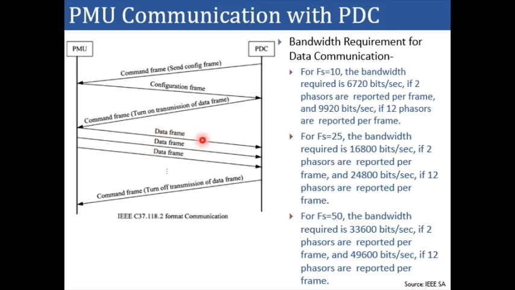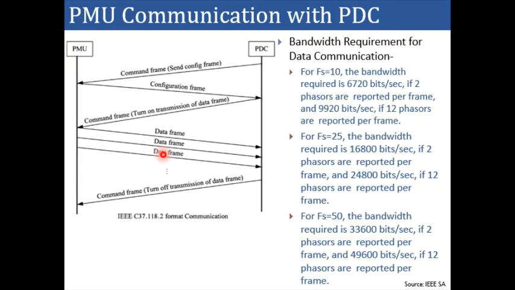Now, as we saw in the previous slide, the data frame sends data using UDP. Why UDP? Because in case of TCP, we need the acknowledgement to come from the receiving end, which delays the data transmission.